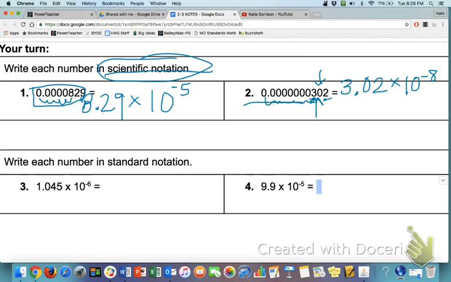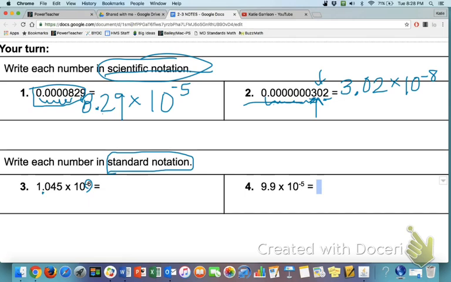Alright, on 3 and 4, it gave it to us in scientific notation, and they want you to work backwards this time and make it standard. So this time we're going to make it look a little bit more like maybe you and I would normally see it, since we're not scientists. All right, so 10 to the negative 6th means we're going to take our number and make it even tinier by moving the decimal 6 places.